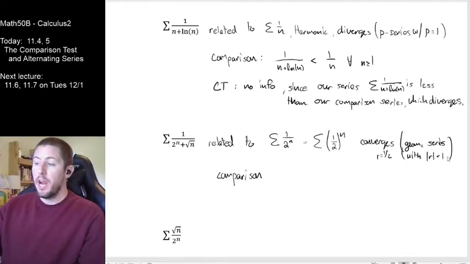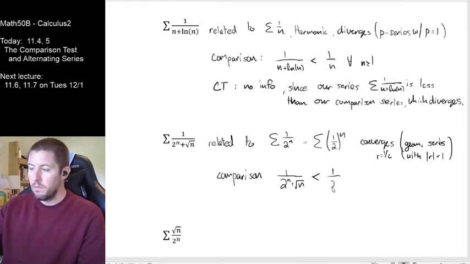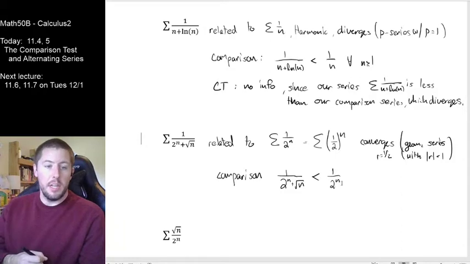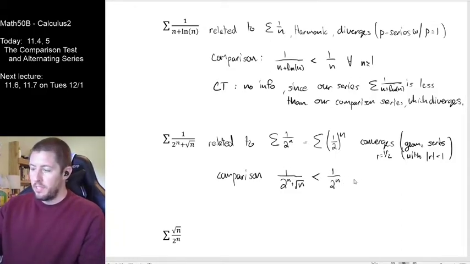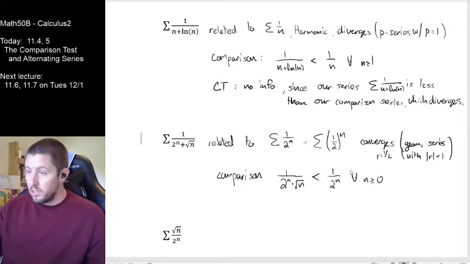Now that I know that this one converges, we can think about what our comparison looks like for each of the individual terms in the series. Well, for 1 over 2 to the n plus root n, those are all going to have a larger denominator than all the denominators in the related series, just 1 over 2 to the n. And this is true for all n greater than 0.